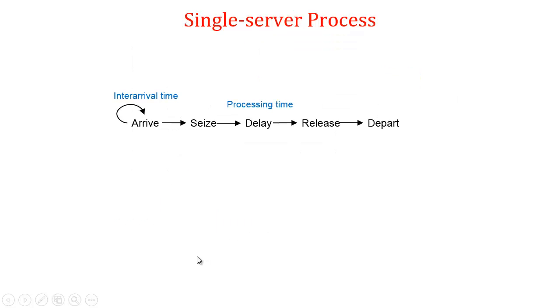And so once we have the system developed, we also want to track some of our user statistics. And so when an entity arrives, we need to do two things. First of all, we need to note the fact that the entity arrived. In other words, we're going to increase the number of entities in our system. And we're also going to record the time at which the entity arrived, which is called marking the arrival time.